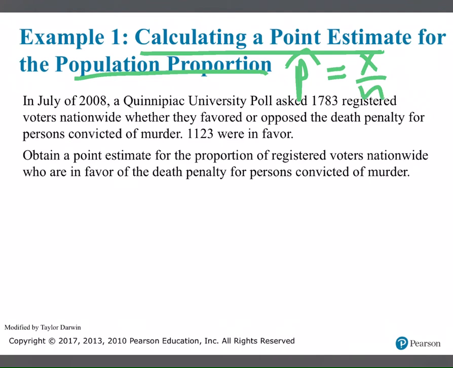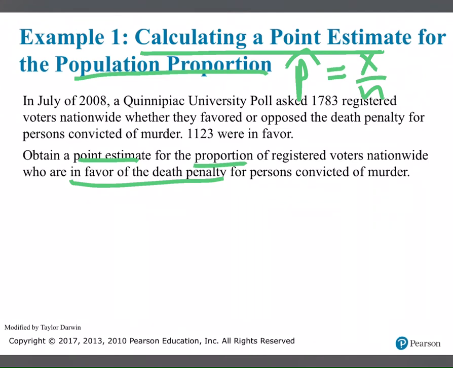So in July of 2008, a Quinnipiac University poll asked 1,783 voters nationwide whether they favored or opposed the death penalty for persons convicted of murder. 1,123 were in favor. Obtain a point estimate for the proportion of registered voters nationwide who are in favor of the death penalty.